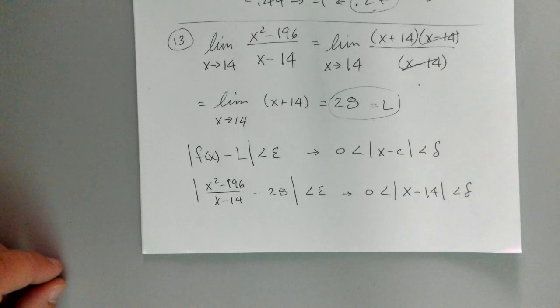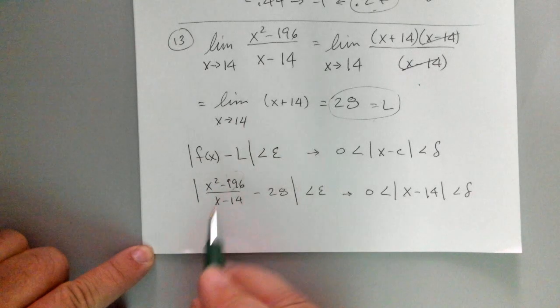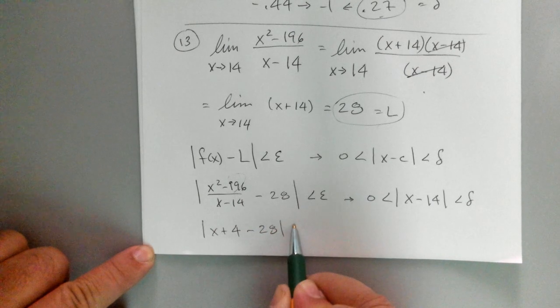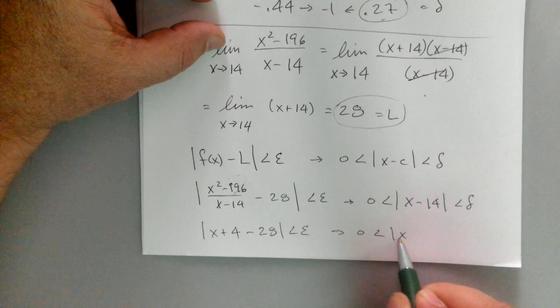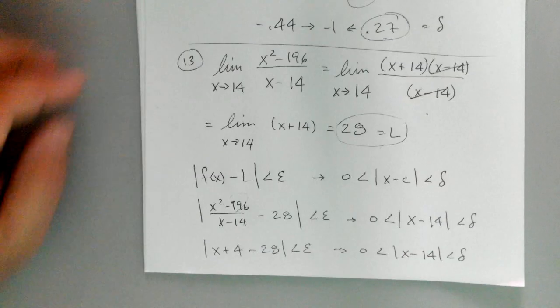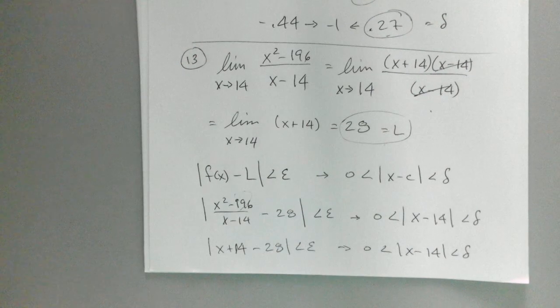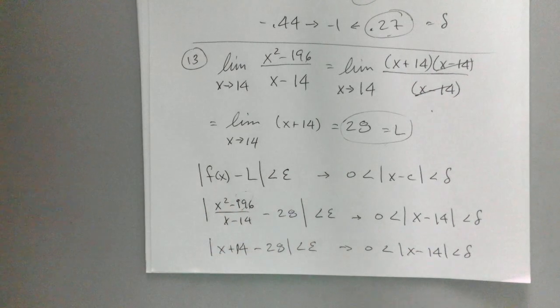What we have to do here first, because the top is the difference of two squares, we can factor it out and cancel the x minus 14s.